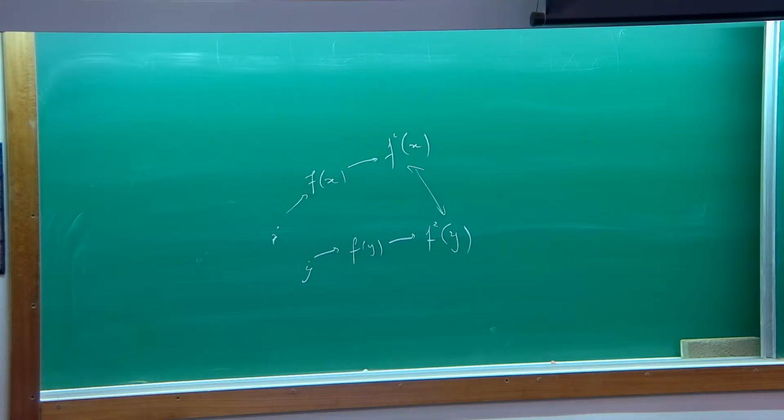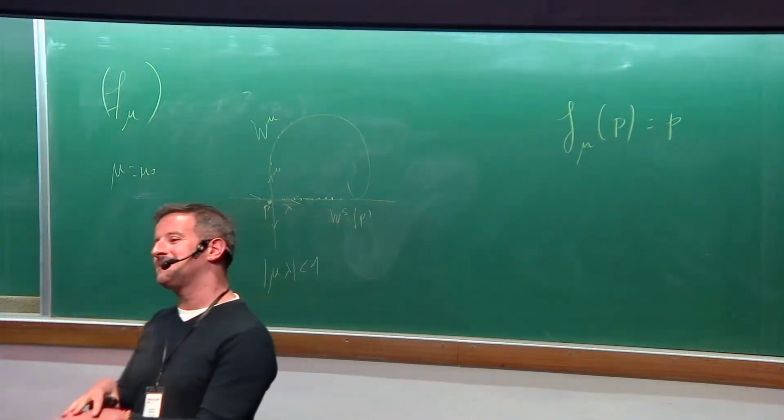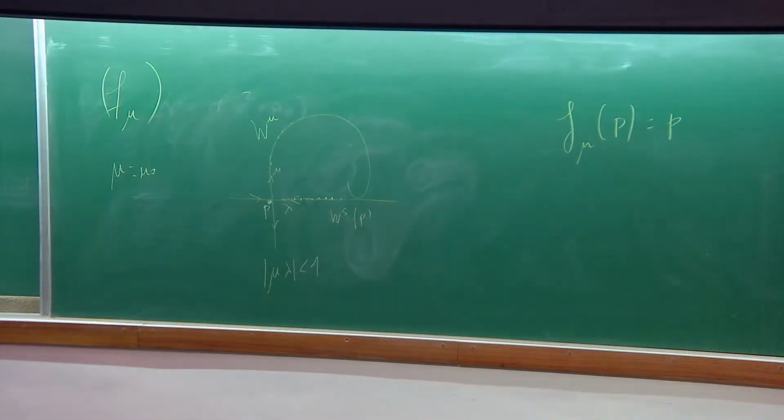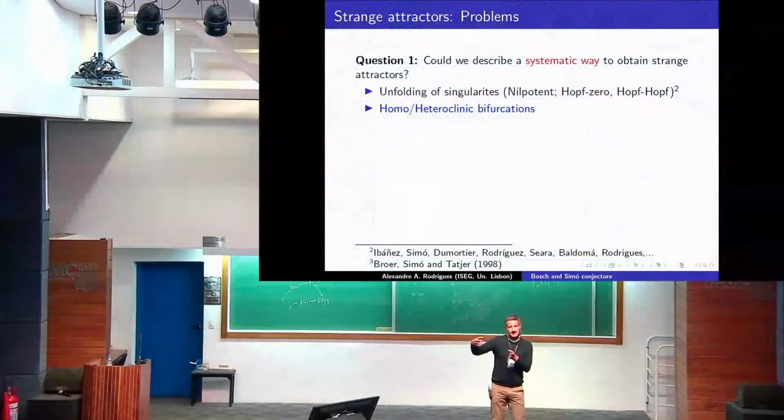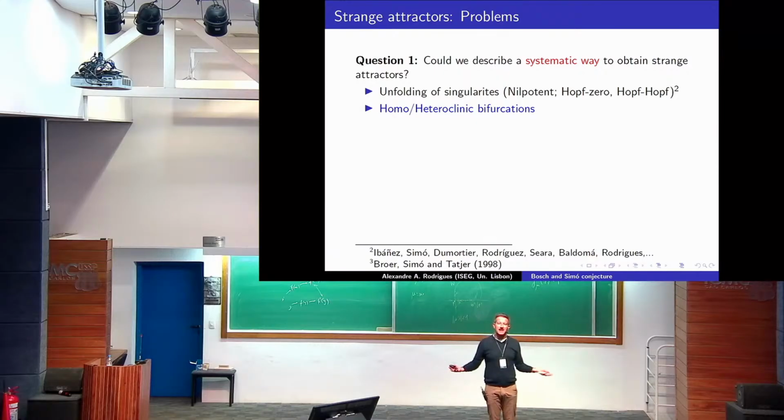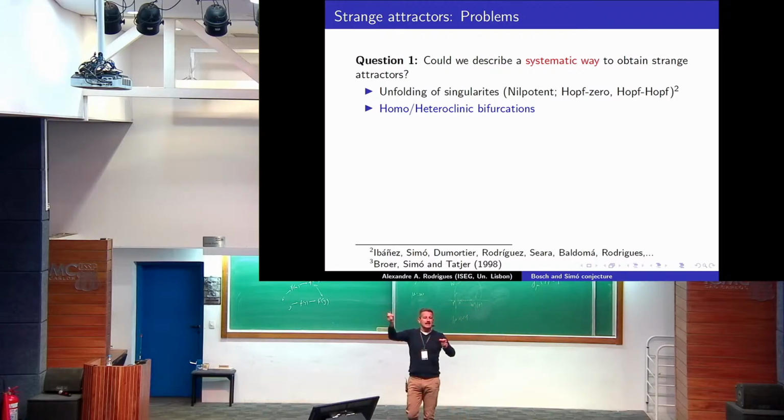So what is the goal of my research at the moment? I would like to find a systematic way to obtain strange attractors. And this is my connection with the singularities, because there is a team in Spain, in Oviedo and Barcelona, that are unfolding some singularities. So they have a singularity of a vector field, they unfold, and for some unfoldings, they find some heteroclinic bifurcations. Heteroclinic bifurcation means that I have invariant sets that are connected by trajectories.